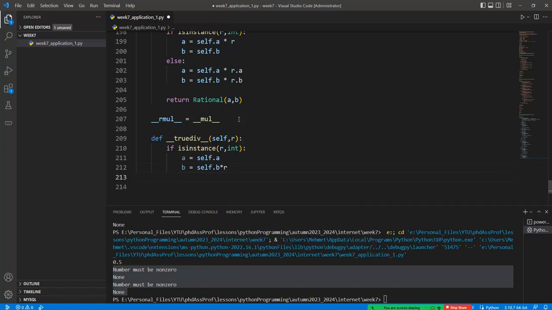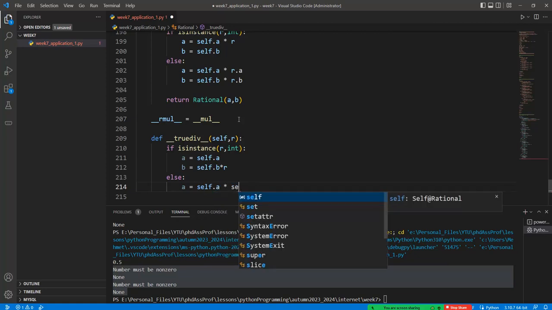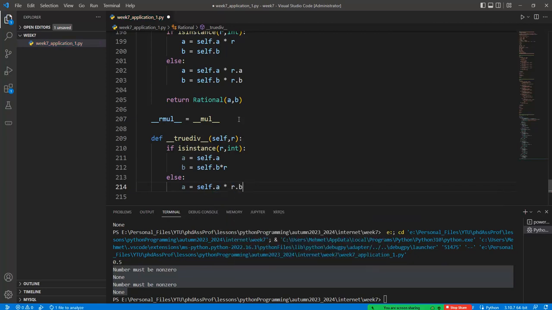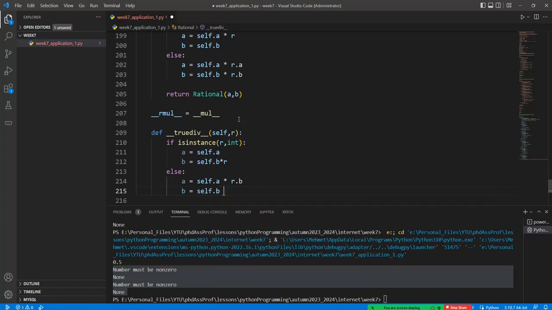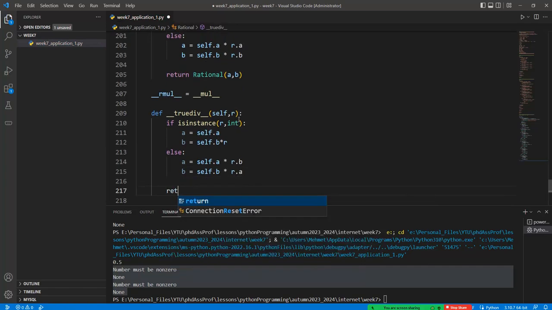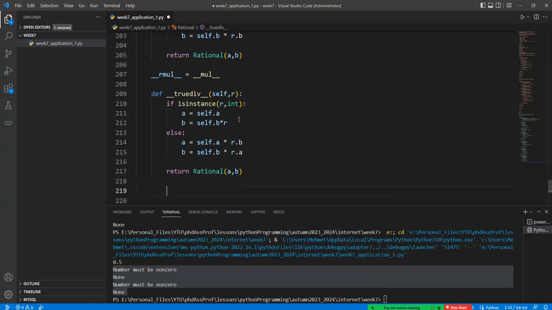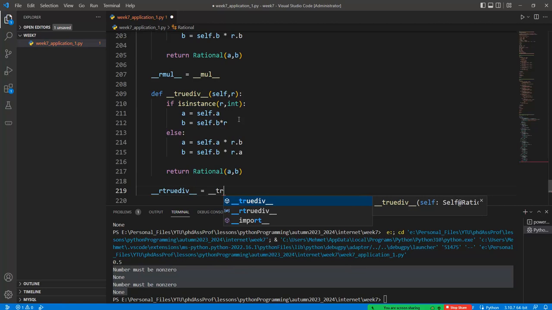Okay, this is the division operation in mathematical notation, but if this is not the case and there are two rational numbers here, then a is assigned self a times r dot b, and b is equal to self b times r a. Okay, after that we should return the rational number with a and b. Okay. After that we should give the rtruediv function body, and truediv is assigned to this one. Okay.